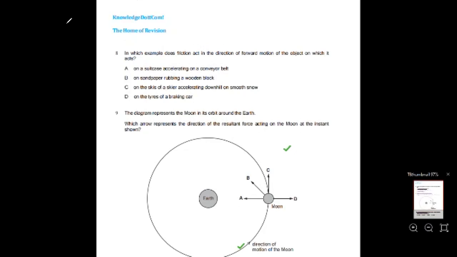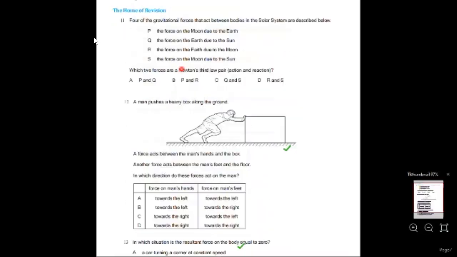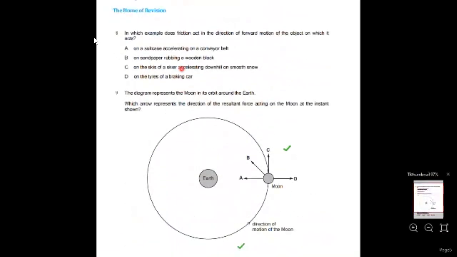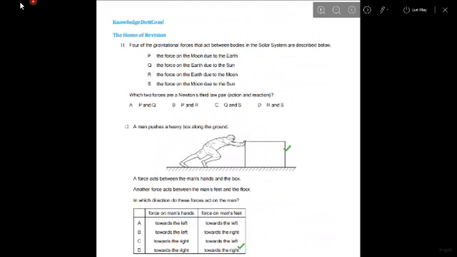Okay, in question number 8 it states, in which example do the friction force and the direction of motion of an object act in the same direction? Like direction of friction and direction of motion are always opposite, but there is a special case in which both are in the same direction.